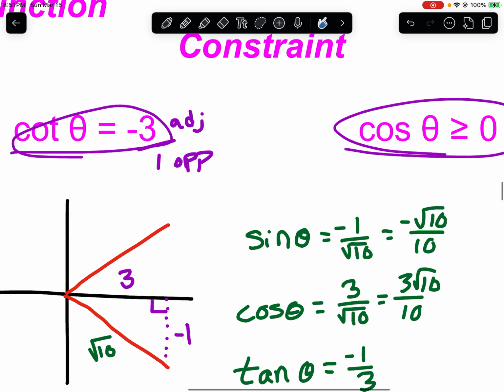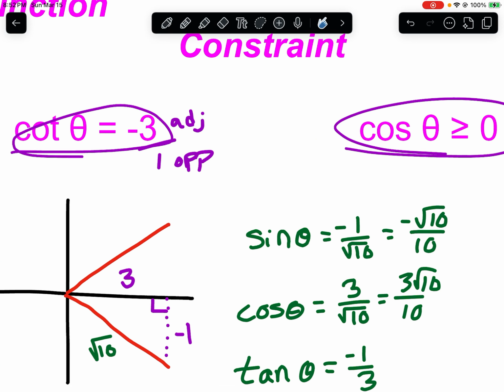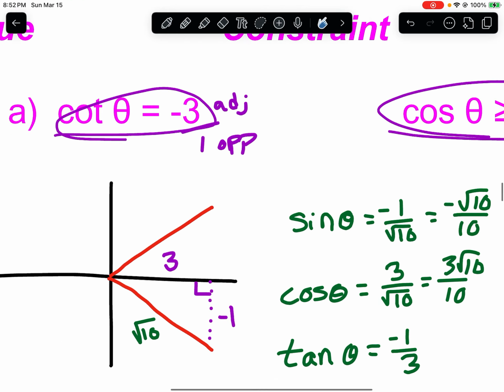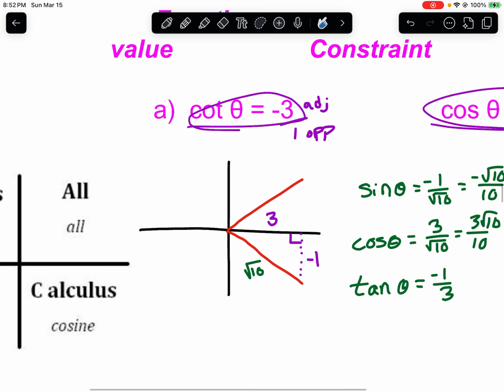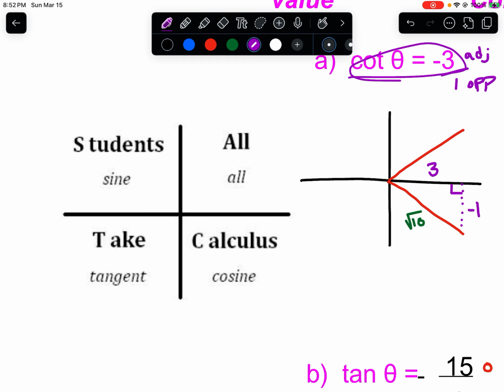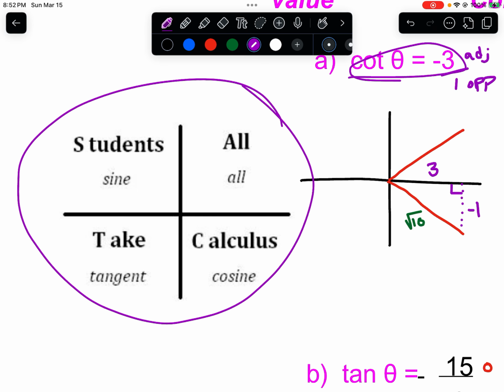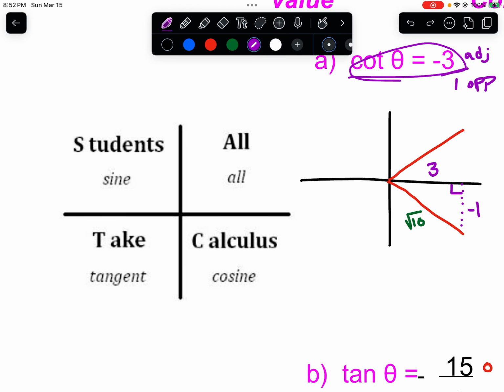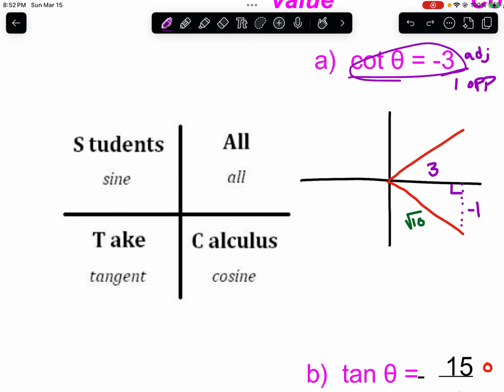Because there's a couple of scenarios where we might have a cotangent of -3, but then cosine might be a positive value, or it might be a negative value, depending on where you're at on the unit circle. So this part on the left is something that some people remember to help them keep straight when different trig values are positive versus negative.